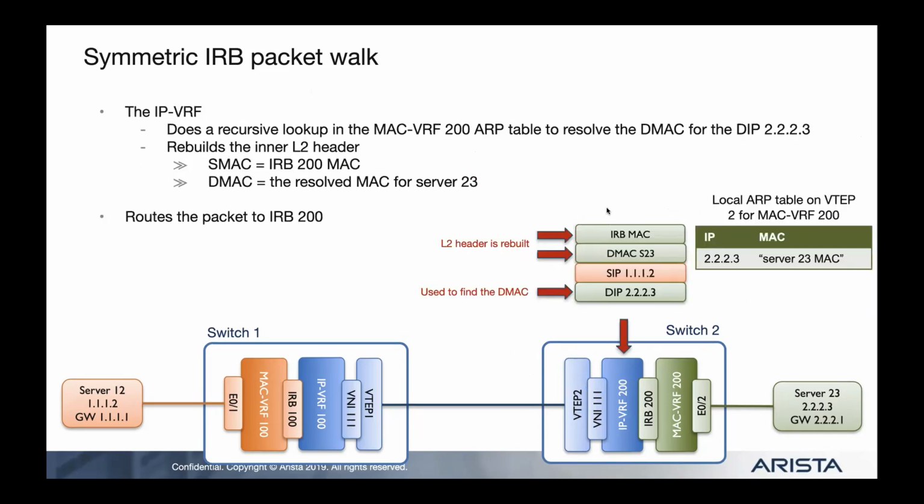So this is the packet, and now you have to send this packet out. Source IP and destination IP will remain the same, but based on your local ARP table for 2223, you will fill the destination MAC as this MAC.